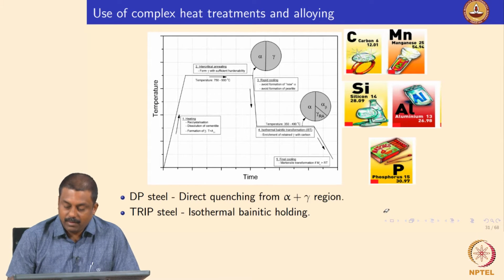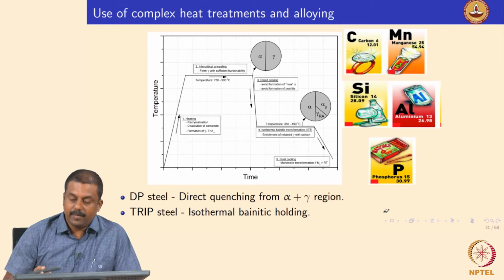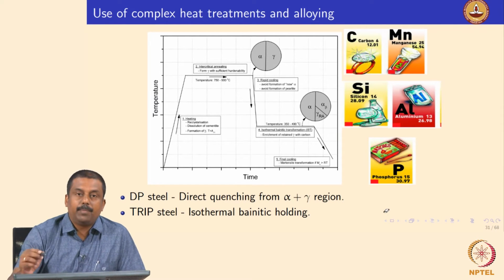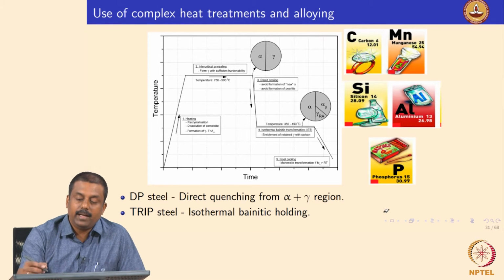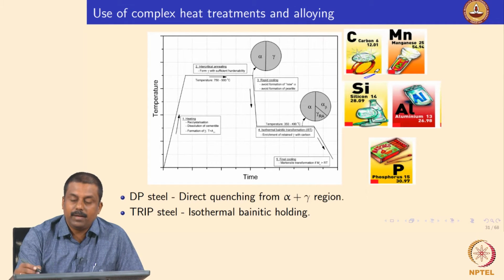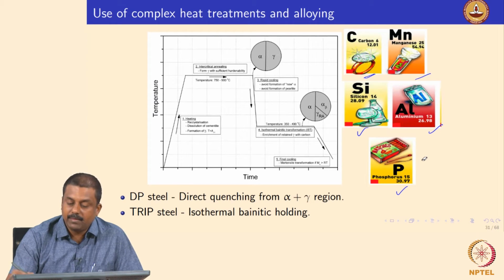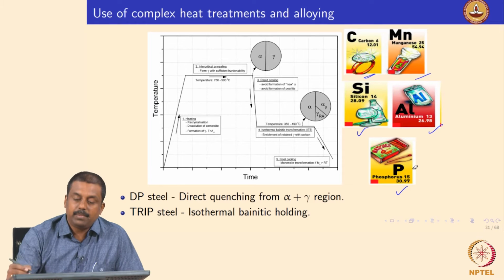steel microstructures. Okay. So before going to that, as I already explained, apart from the carbon, which is generally added in the iron system to form the microstructures and to achieve the strength and various properties, these steels also contain manganese, silicon, aluminum, and some amount of phosphorus, which is actually considered detrimental for mechanical properties and weldability, but we add a slightly low amount of phosphorus as well for various purposes.